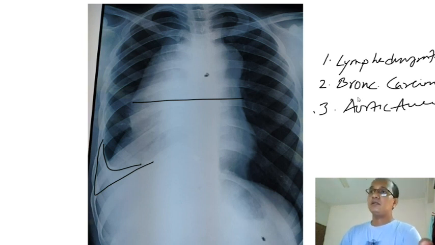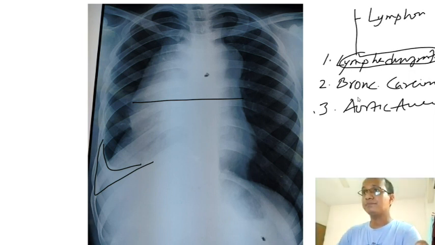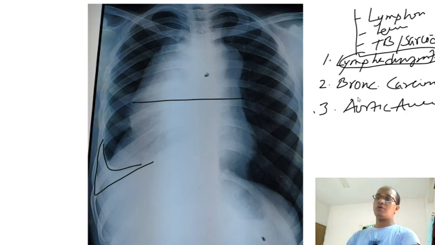So at first I said lymphadenopathy, mediastinal lymphadenopathy. So what are the causes of this lymphadenopathy? It may be lymphoma, leukemia, tuberculosis, or sarcoidosis. So these are, in short, the differential diagnoses in case of mediastinal widening.